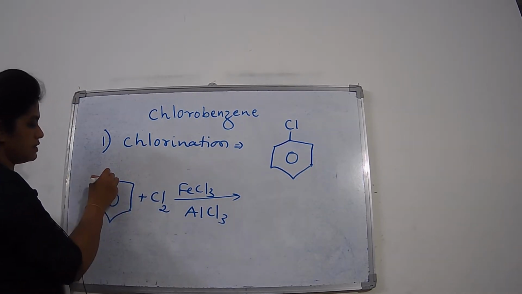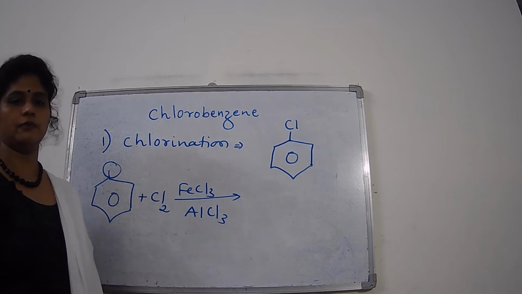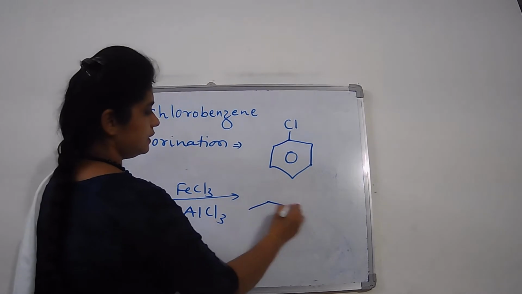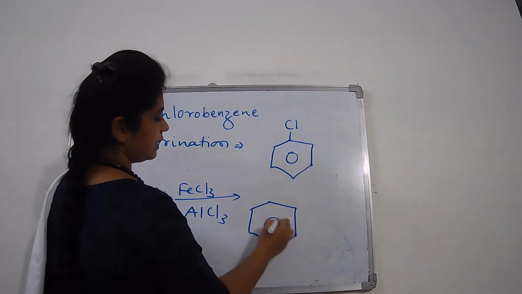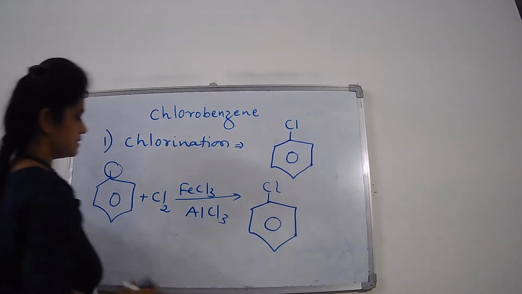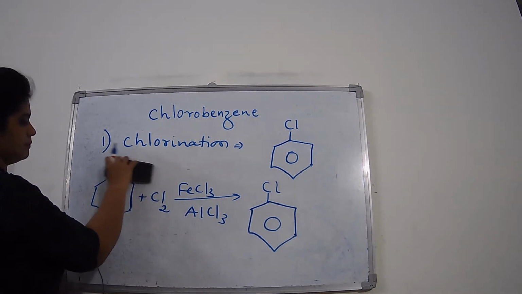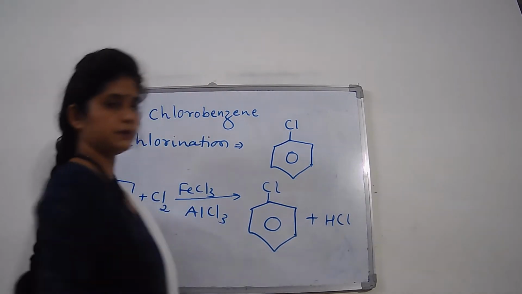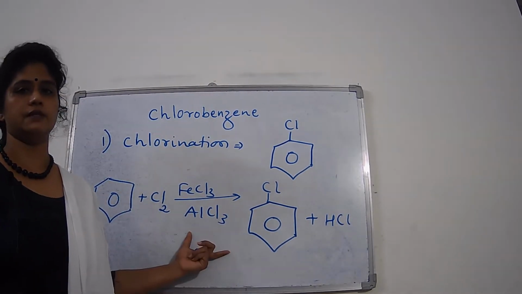One of the H from benzene gets substituted by Cl, and we get a compound called chlorobenzene, and at the same time HCl is removed. So this is the first method of preparation for chlorobenzene.